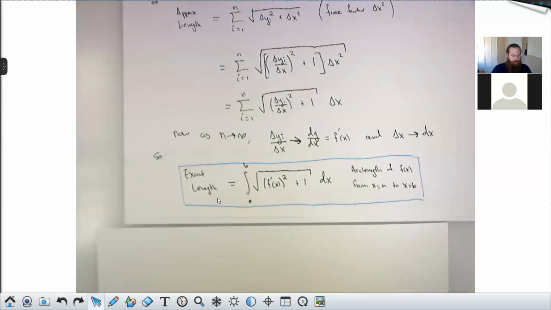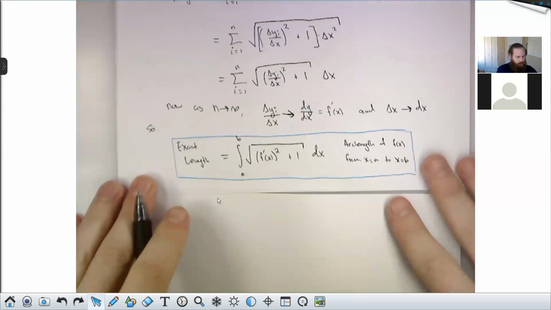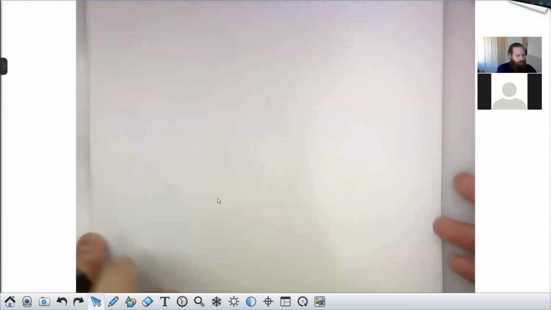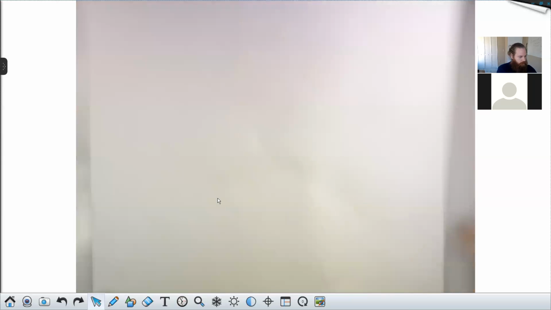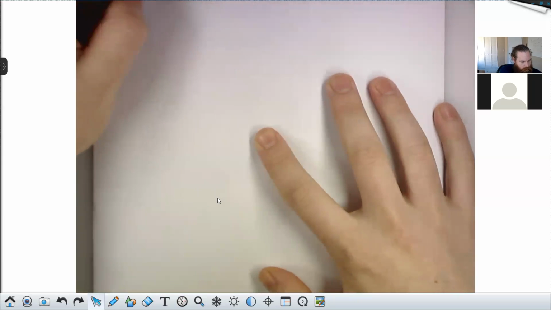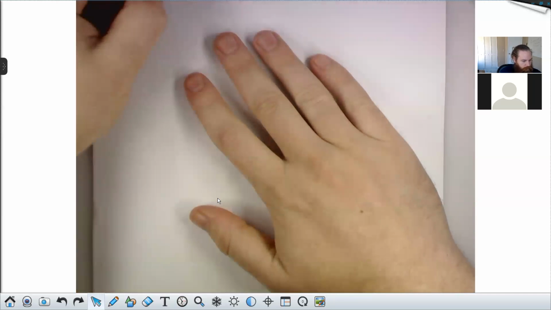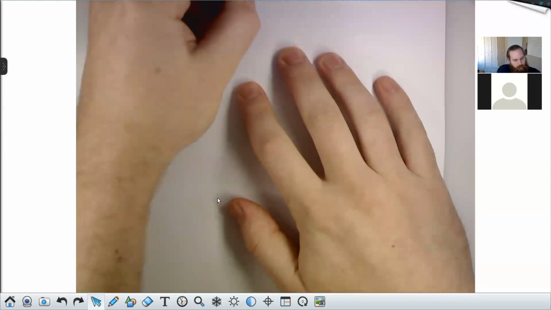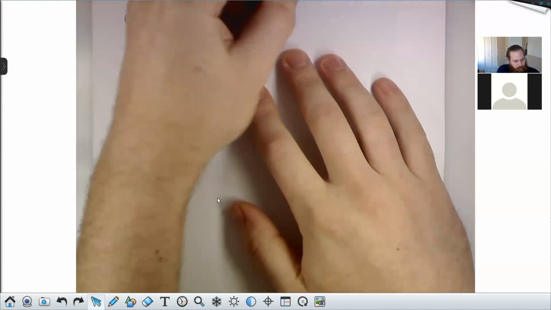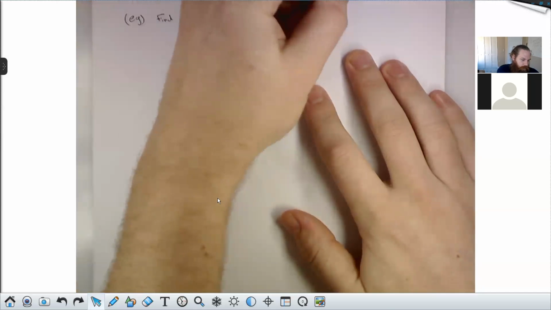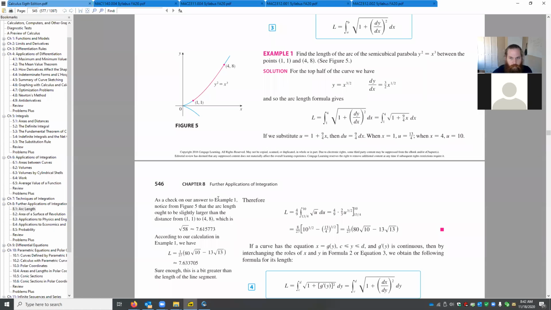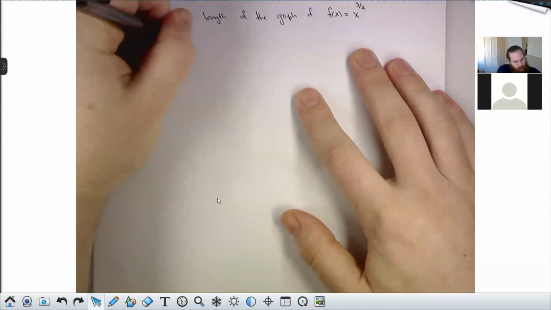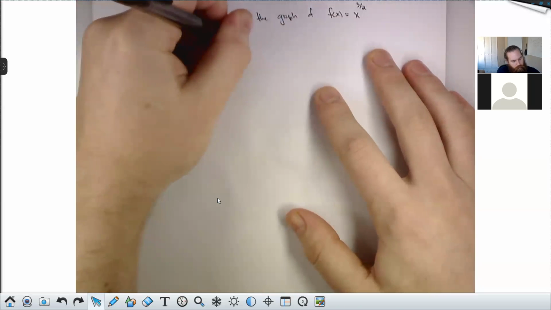So for our first concrete example here, let's find the length of x to the 3/2 from x equals 1 to x equals 8.